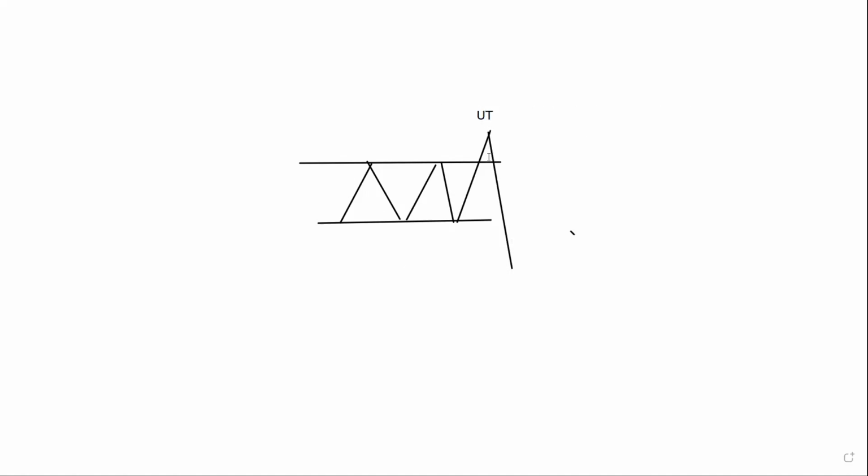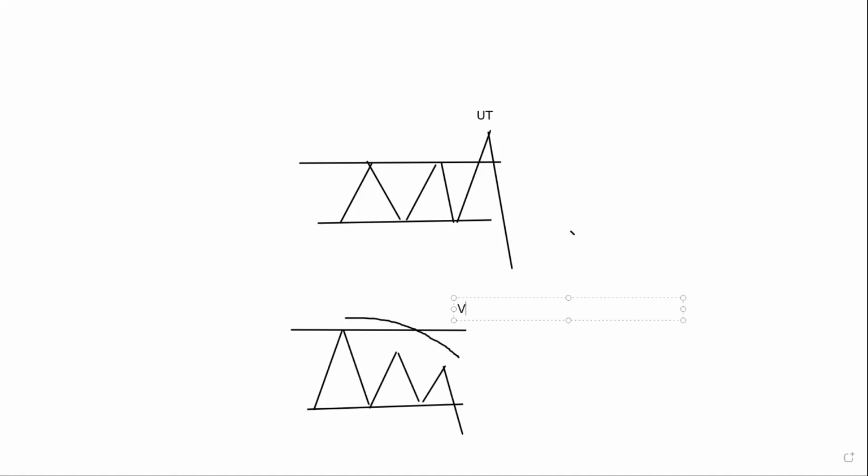The second type can be built down: VCP pattern, volatility contraction pattern. First UT, then volatility contraction pattern. Third one, another variant.